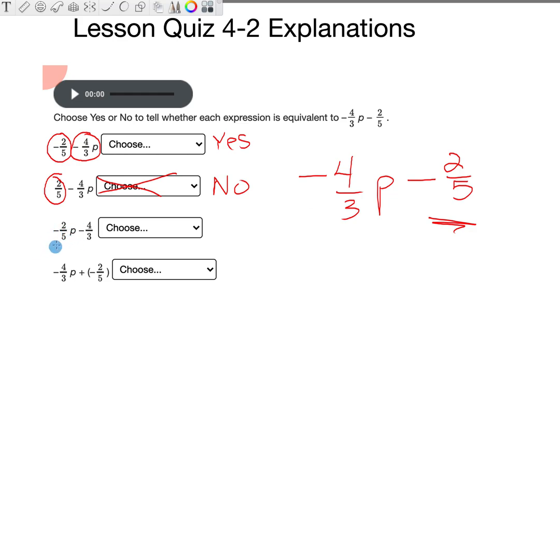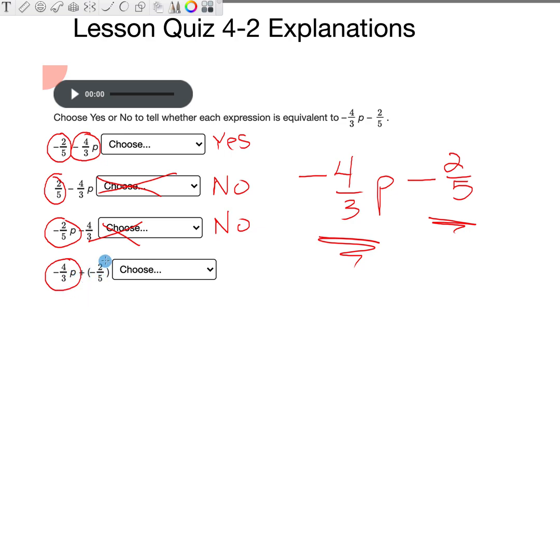If we look at this next one, negative 2/5, but it has a p with it, and that is not what the original term has. So this one doesn't work either. It should not have a p with that negative 2/5, so that's a no on that one. And then this one has a negative 4/3 p, and then it's plus a negative 2/5.